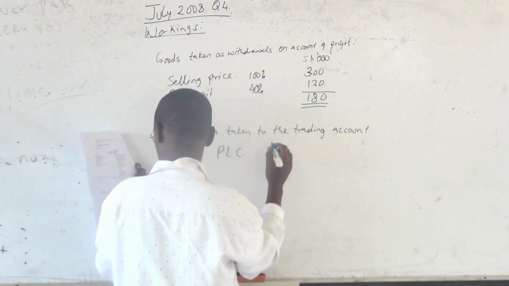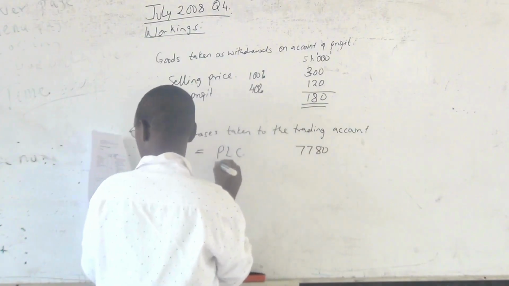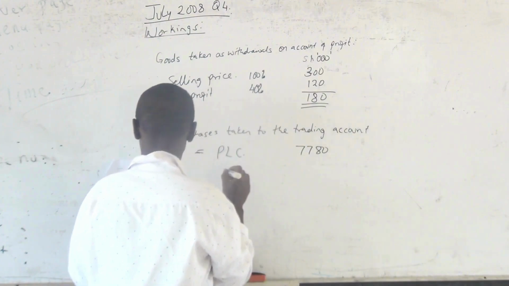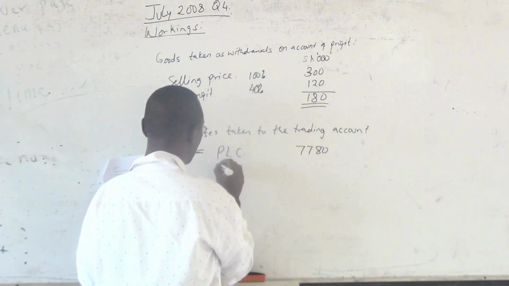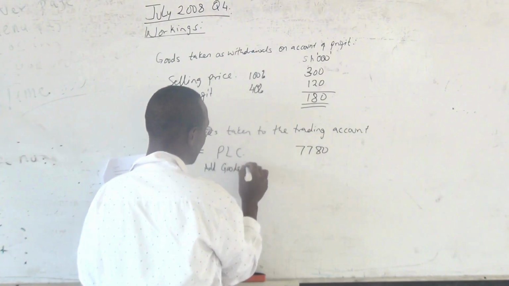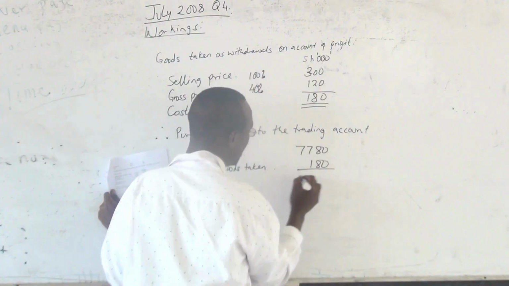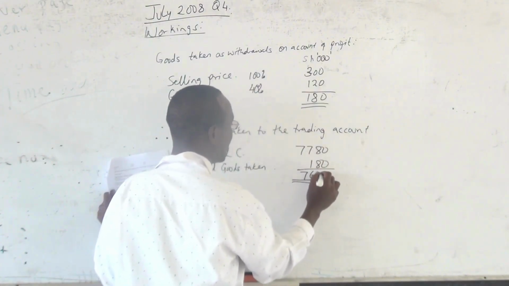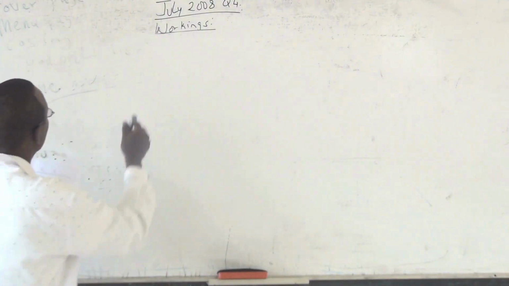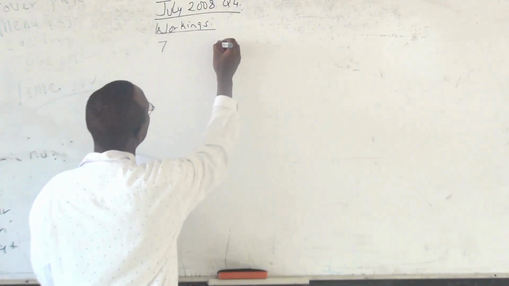How much did we get? 77. You add what? This one. Okay? Goods taken. Add goods taken, which is 180. So this one will be what? 7600. The last thing that we need to account for is drawings.